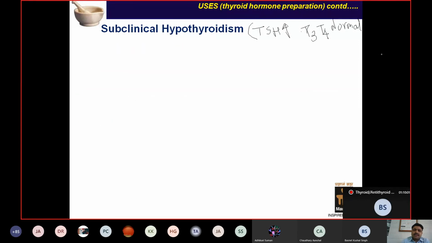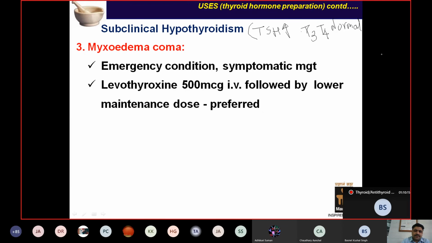In that case also we use T4 preparation in low dose, and after 3 weeks we repeat the thyroid function test and do the necessary dose adjustment. Myxedema coma is severe hypothyroidism. It is a coma, an emergency condition.